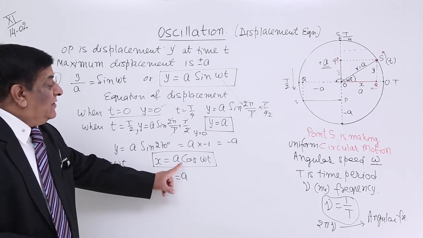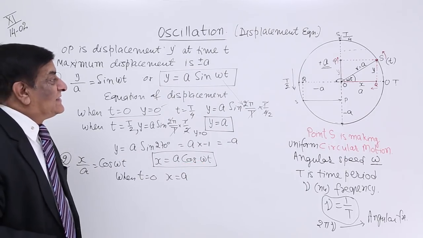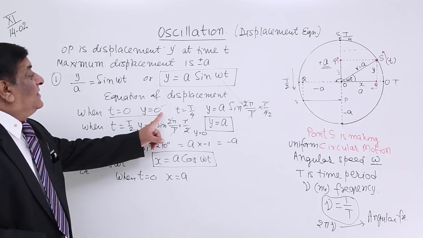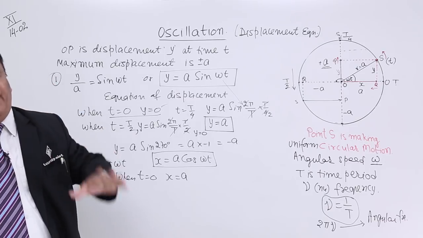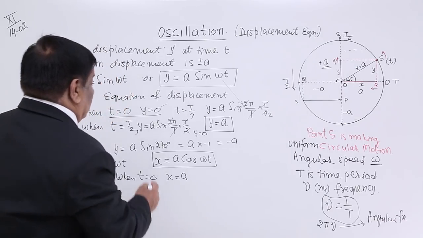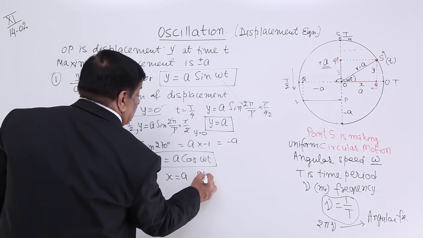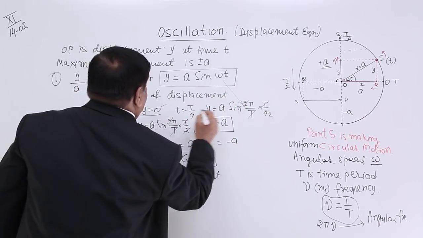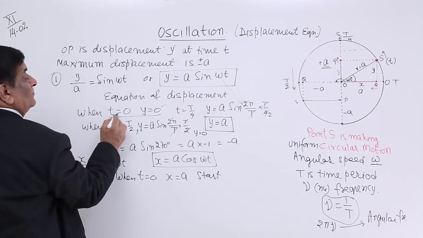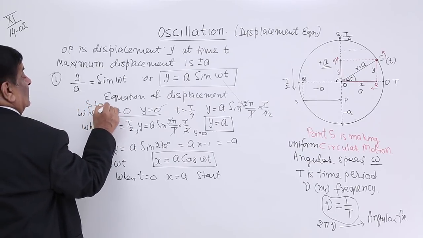What is the equation? a cos omega t. At the start, the displacement is 0. What is the equation? a sin omega t. Please remember it. So this is the start. This is also the start.